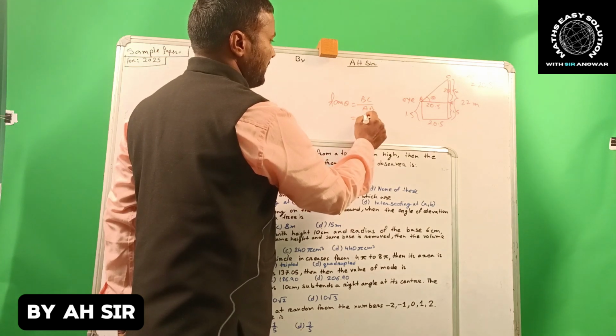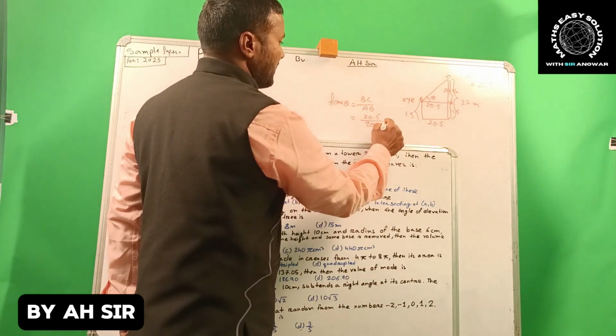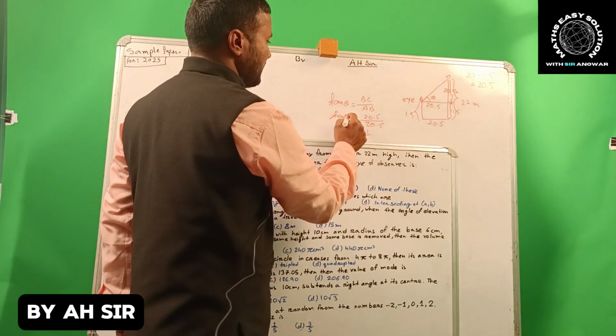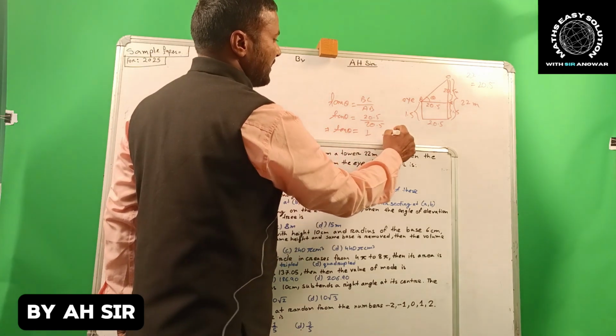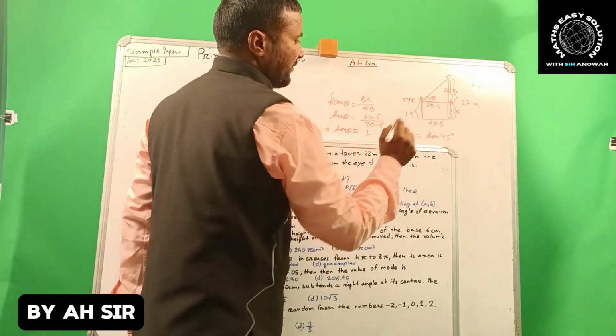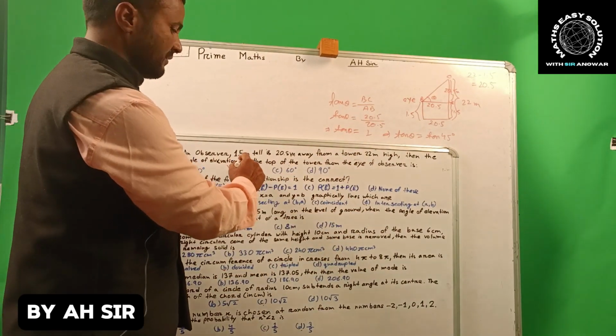Now here BC will be 20.5, here also 20.5. Cancel, it is 1. Here tan theta is coming. Then tan theta equal to tan 45, theta equal to 45. Very simply, this is the answer.